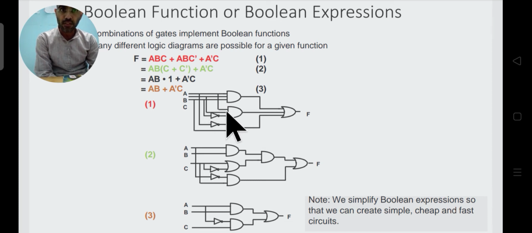This is also not an inverted input, it is a direct input from B, whereas the third input is a complemented input. So this particular gate gives you the term A B C bar, whereas the third term is A bar C, and that is implemented with this gate.